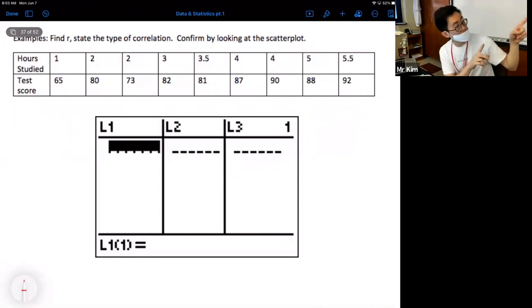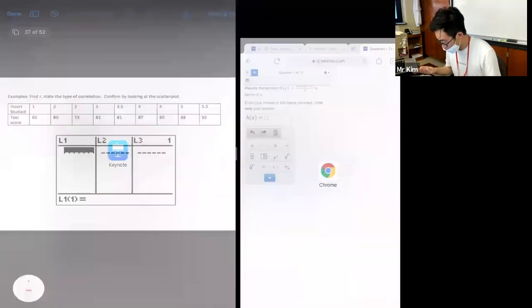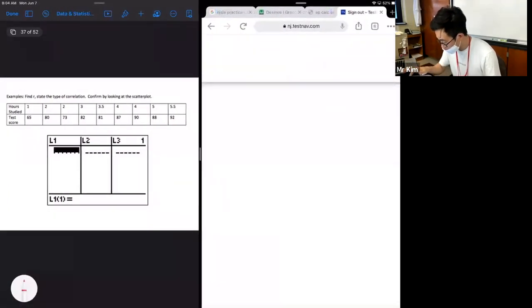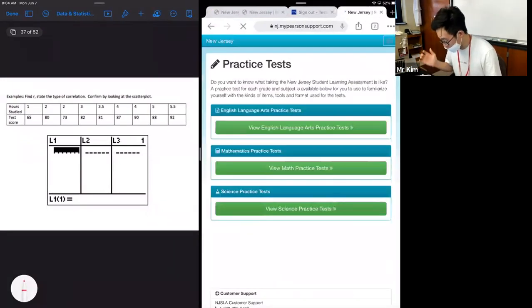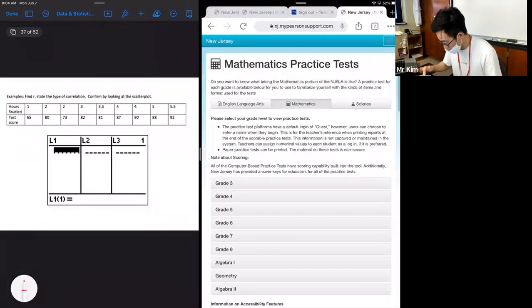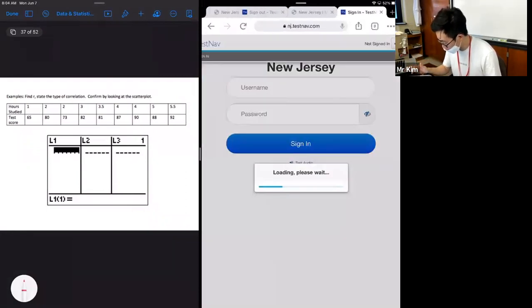Now, the list 1, list 2, list 3, the way that we get to this phase is, let me first open up my computer here. All right, so we go to NJSLA practice test, science test, math, algebra 2, the unit test 2.